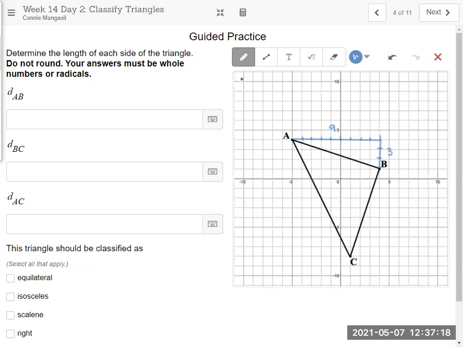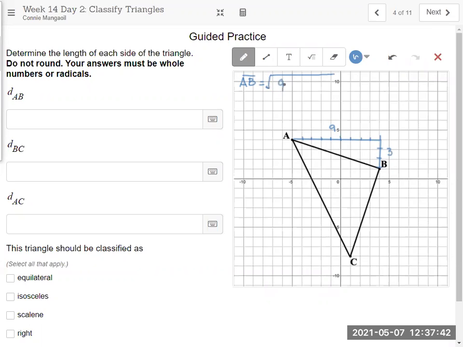Okay, let's calculate the distance from A to B. Now, instead of writing AB squared, I will just take the square root, so I'll put in the square root at the very first step. Then we take the sides. The sides here are 9 and 3.